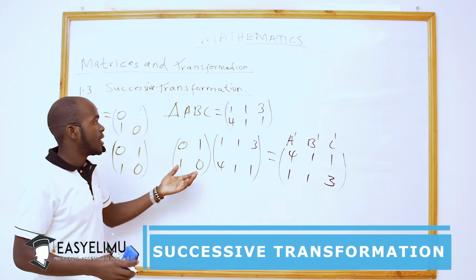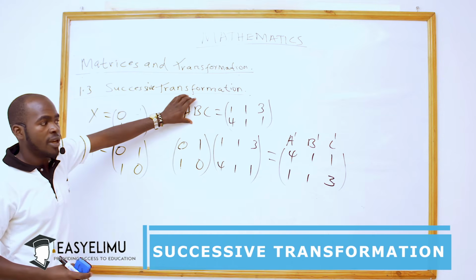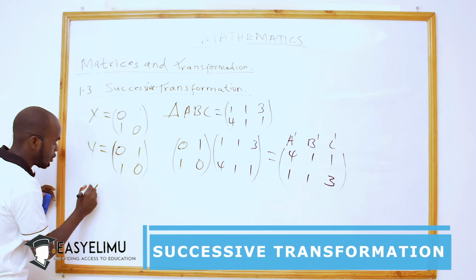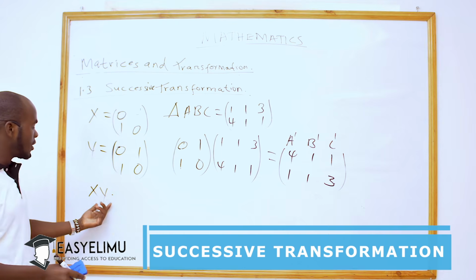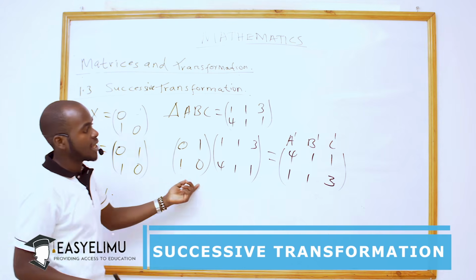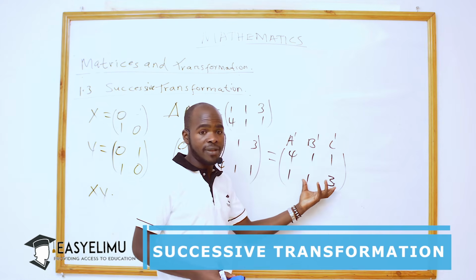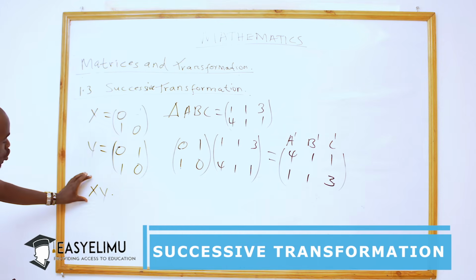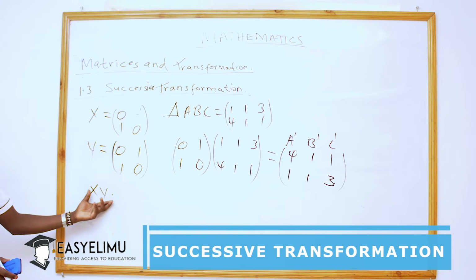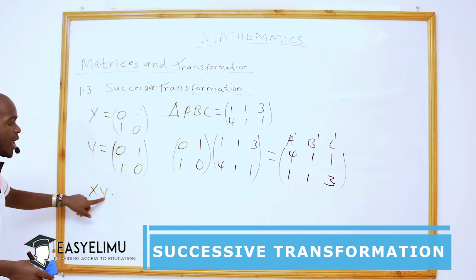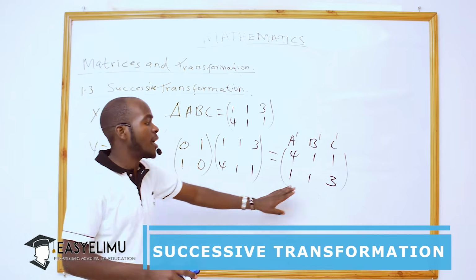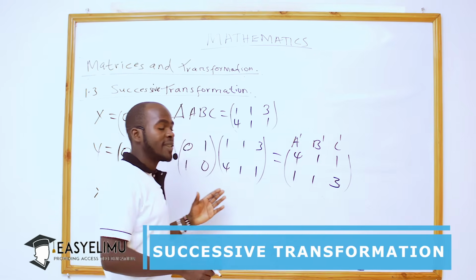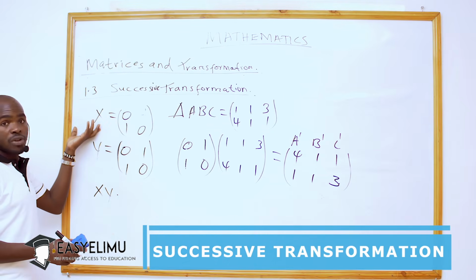Now we have found that if triangle ABC is passed through the first transformation Y, we shall get the first image being this. But we have been told to transform it through transformation XY. Our first transformation gave us this image. Now, we shall transform our image through the second transformation.